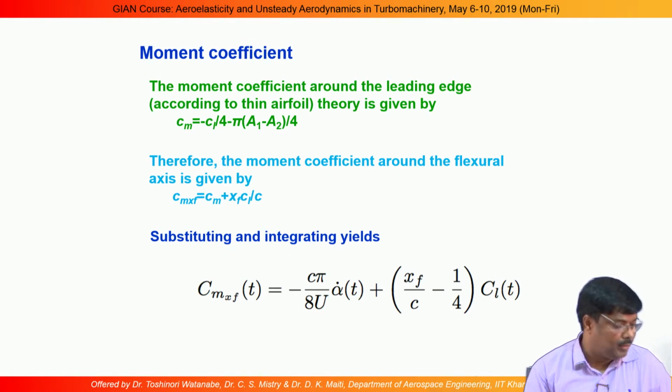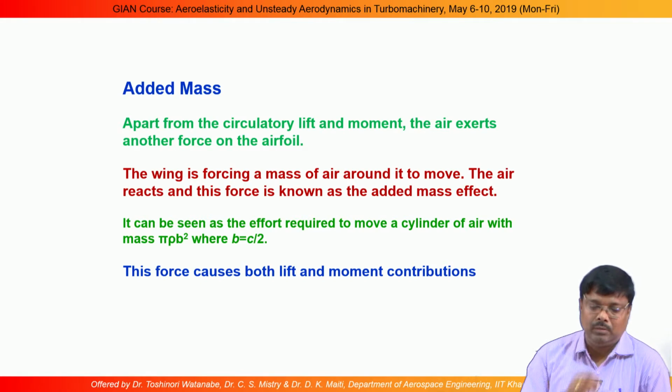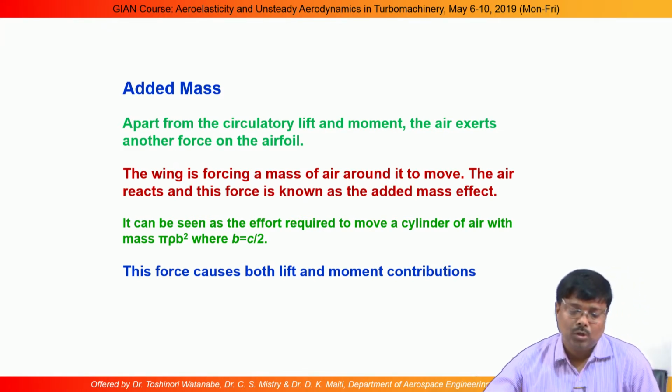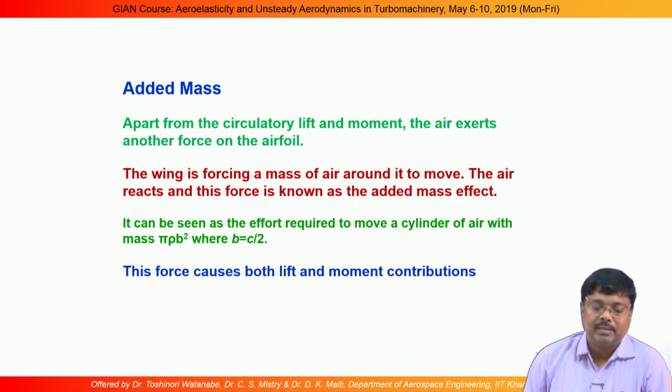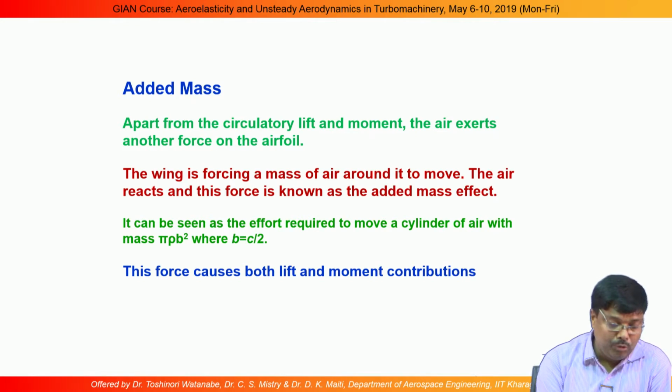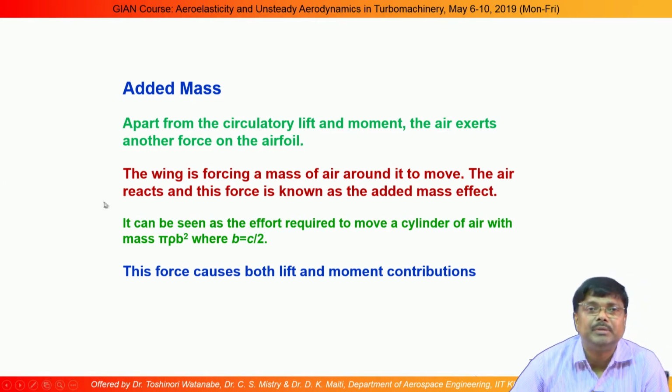Okay, these are fine. Added mass. Apart from the circulatory lift and moment, the air exerts another force on the aerofoil, that is due to the wing forcing a mass of air around it to move. The air reacts and this force is known as the added mass effect. So, whatever I was telling earlier, see, this has been added: pi rho b square.